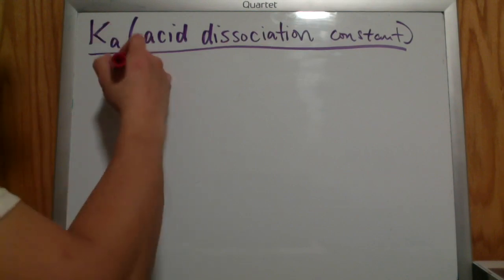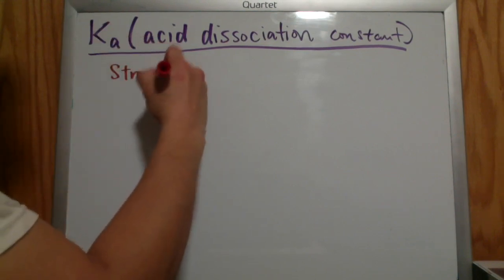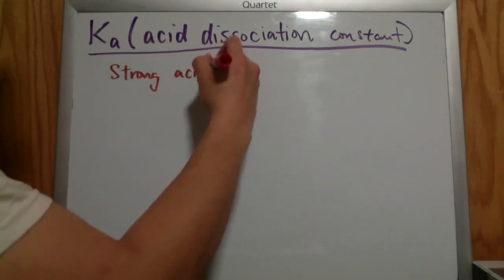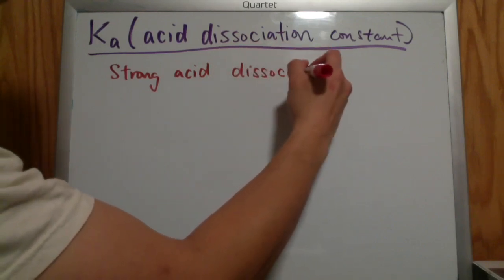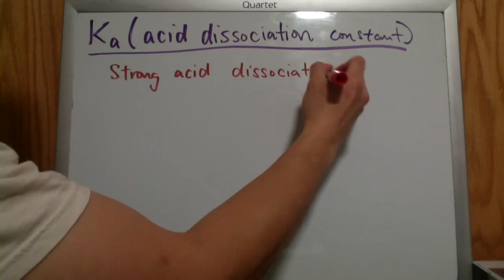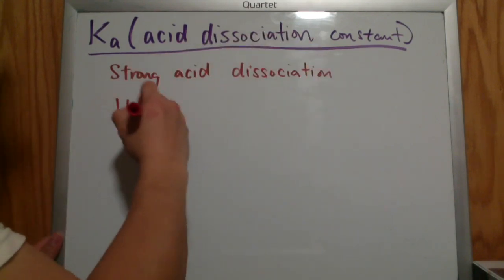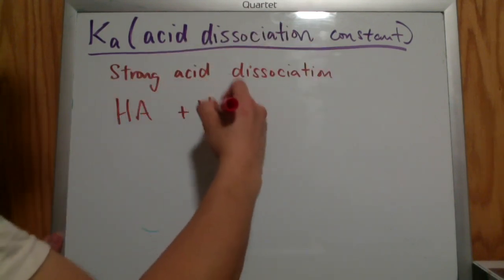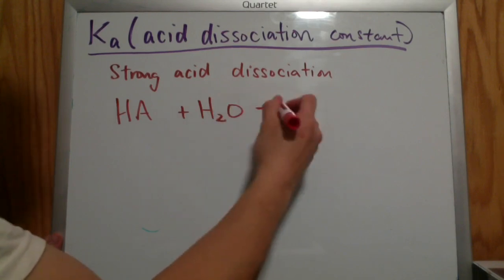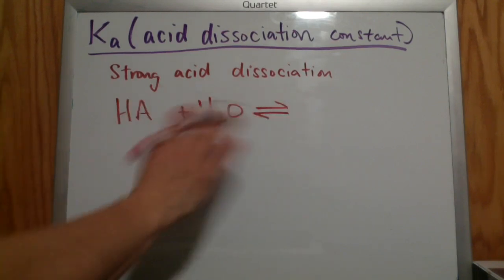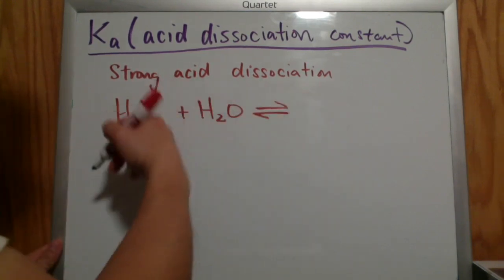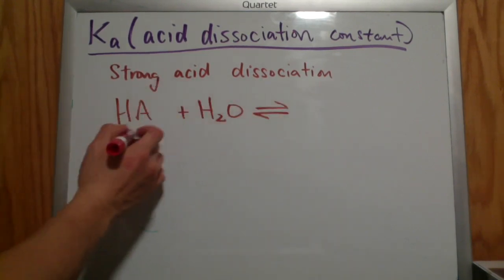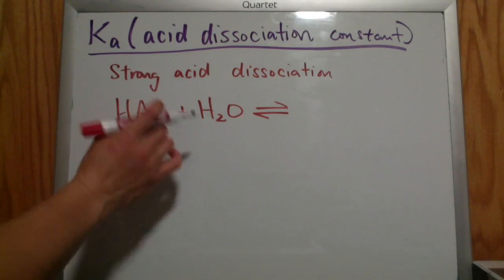If we write the equation for a strong acid and we dissociate it, what do we dissociate it in? Well, back in chapter 4, we dissociate it in water. So we'll take HA and add it to water, and we'll use a double arrow because it is still a dynamic process with acids when you put them in water. And just like we talked about before, the acids are proton donors.